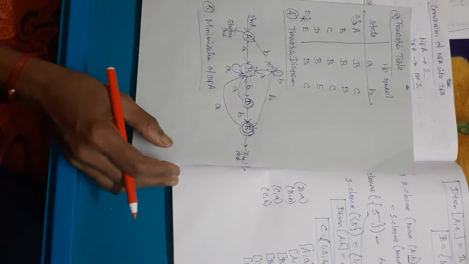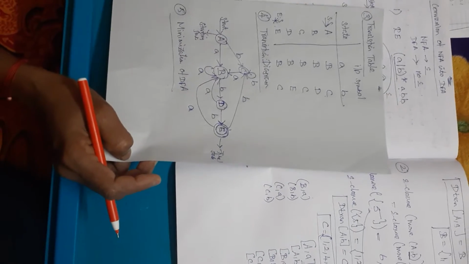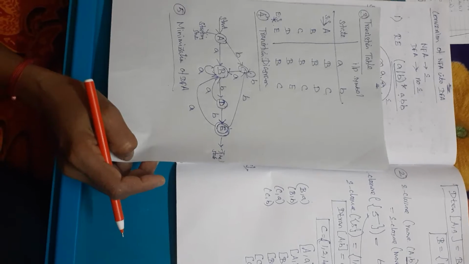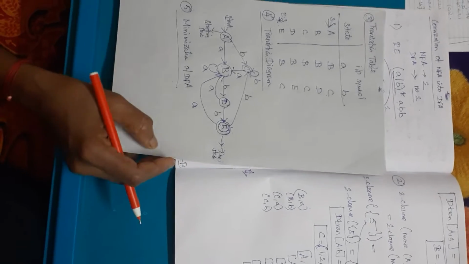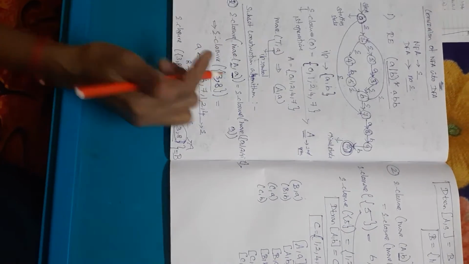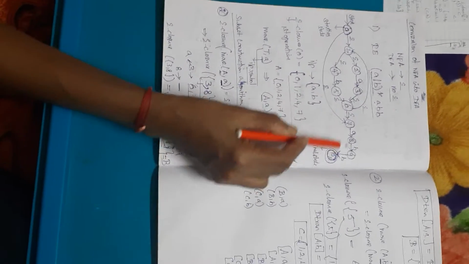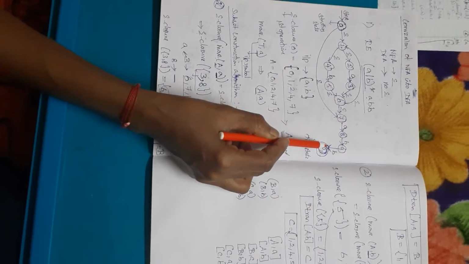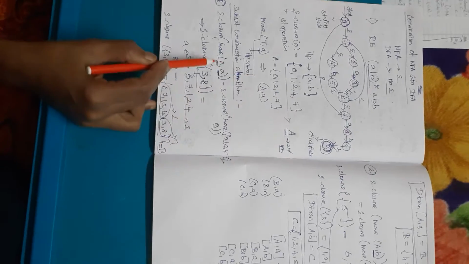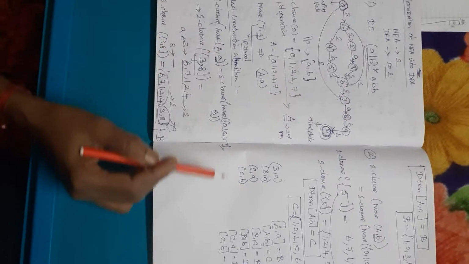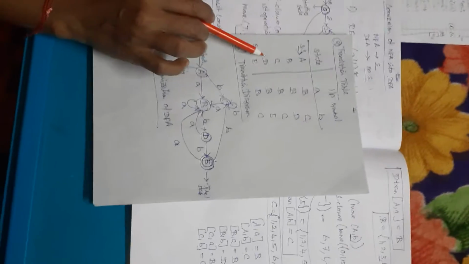So in your examination, we are having 2 things. One thing is conversion of NFA to DFA, meaning first, based on the regular expression, you draw the NFA diagram. After that you solve the subset construction algorithm. After solving the algorithm you draw the transition table and then the transition diagram.